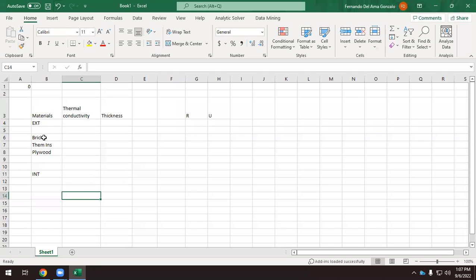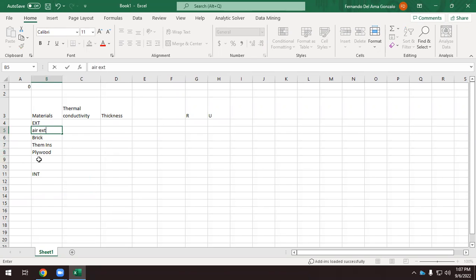Okay, so before everything, we have air, exterior, and here we have air, interior. So as I told you, we need 5 layers, 1, 2, 3, 4, and 5 layers.